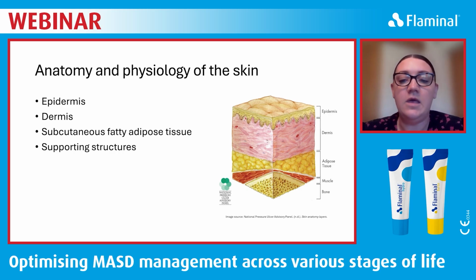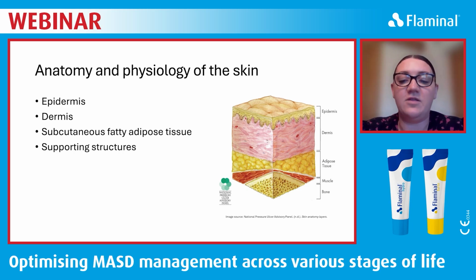Below the epidermis, we've got our dermal layer, and this is our inner layer that's much thicker than our epidermis. It's situated between the epidermis and our subcutaneous layer, and its primary role is to sustain and support the epidermis to give us that structure of our skin, but also to cushion the deeper structures from mechanical injury or force, so protecting our subcutaneous fat and supporting structures.